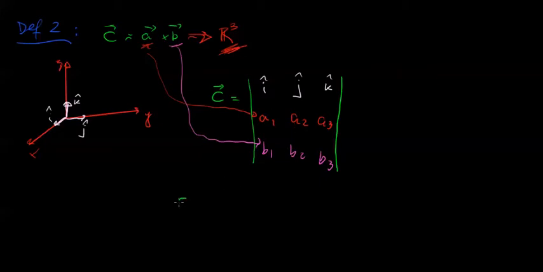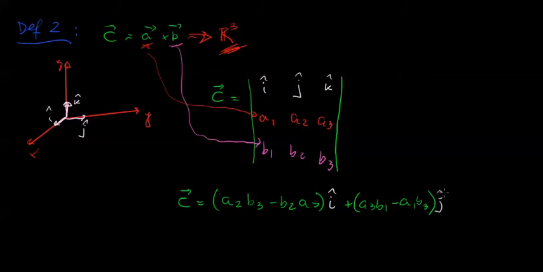And if you calculate it, you have C equals (A2 B3 minus B2 A3) i plus (A3 B1 minus A1 B3) j plus (A1 B2 minus A2 B1) k.